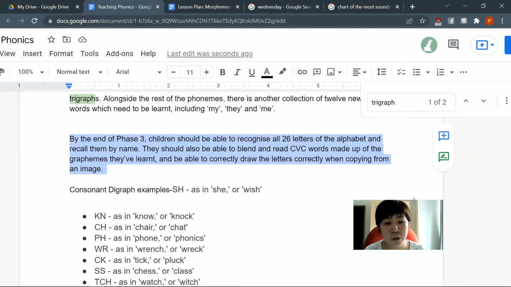They should also be able to blend and read CVC words made up of the graphemes they have learned, and be able to correctly draw the letters when copying from an image. Is that correct? It's correct.